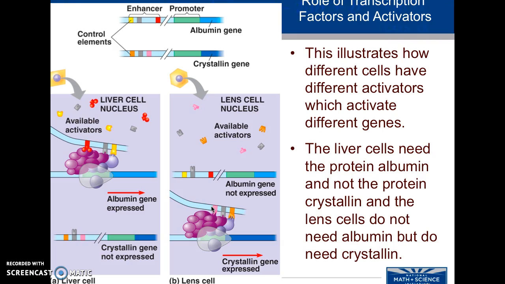And so if we look at the liver cell, which is on the left, we'll see that that way far upstream activator has doubled back. It's attached to the promoter, and albumin is transcribed. If we look at the lens cell, which is a different type of cell, we see that a whole different type of activators are going to double over.